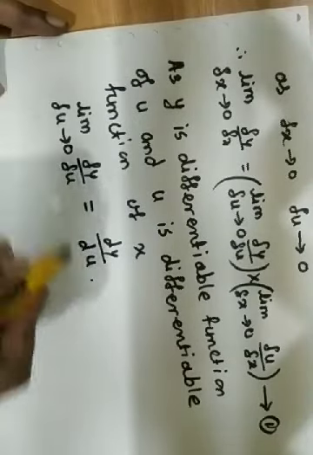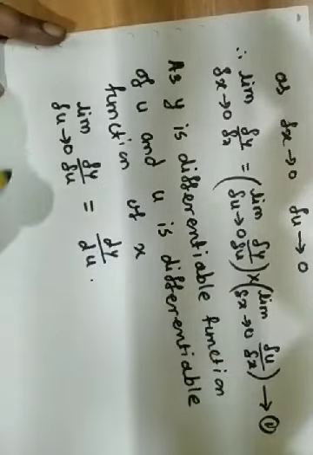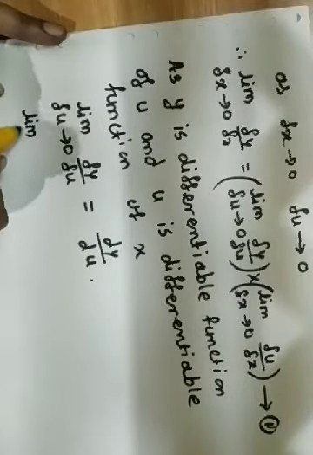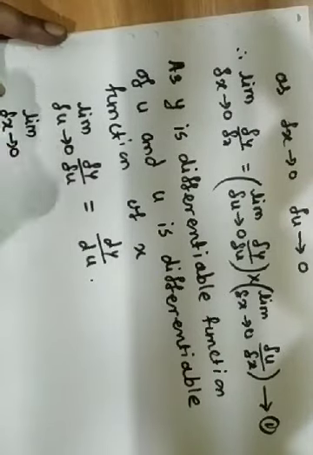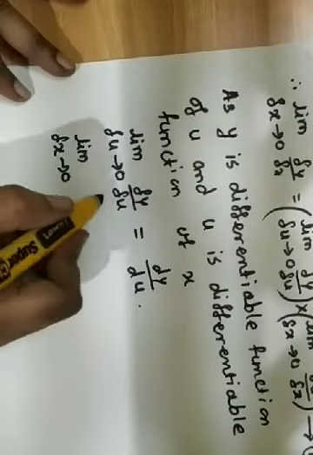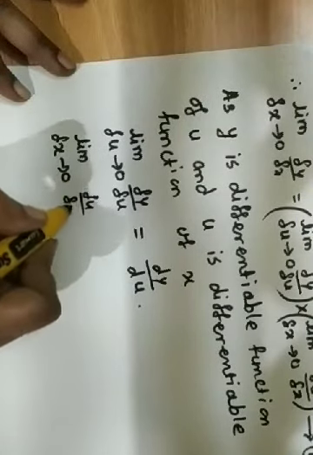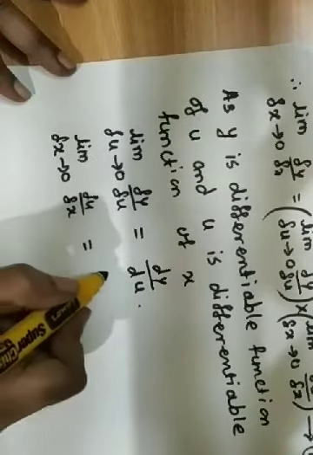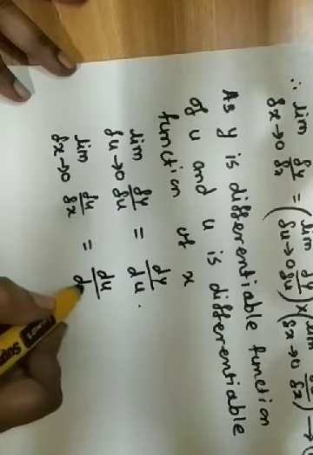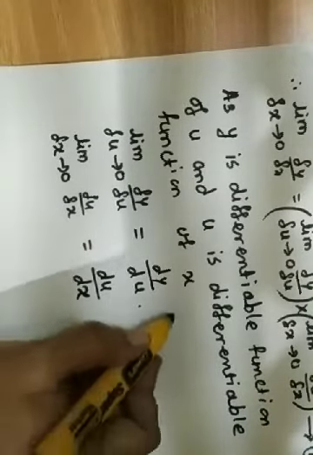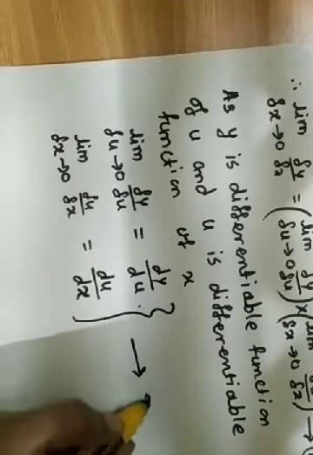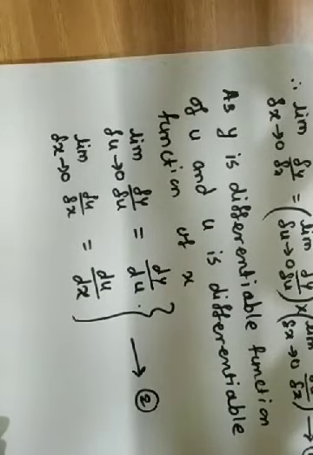And for the second term, limit delta x tends to 0, delta u by delta x, is du upon dx. This is the second equation.